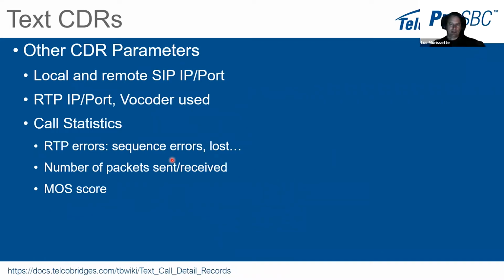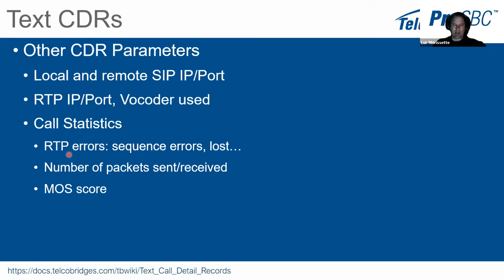Other CDR parameters that can be put in the files: you can have the local and remote SIP IP and port, and the RTP IP and port that was used for this call. You can input there which vocoder was used. So for example, if you use G729, it will show in there that's what was chosen for this call. And at the end of the call, you can also get call statistics.